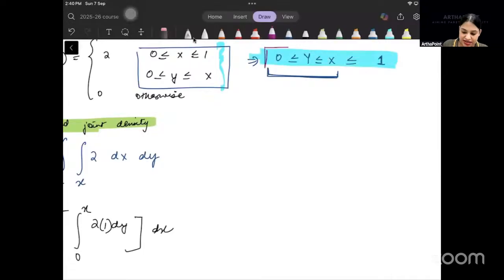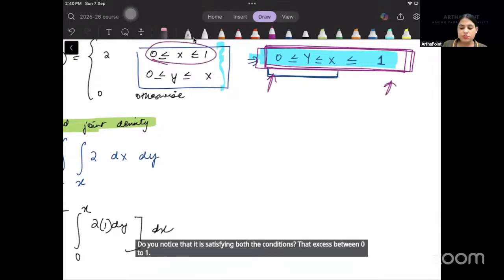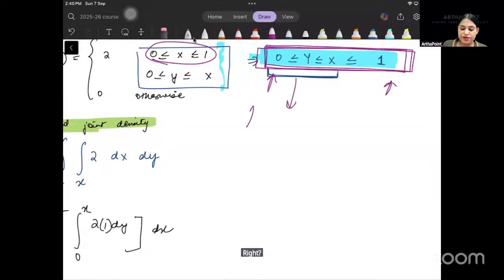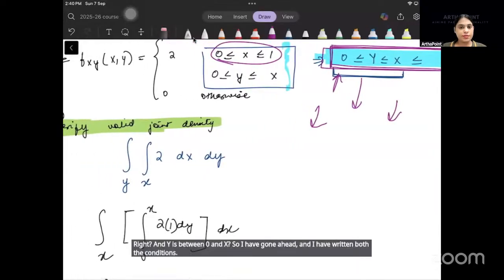If I write it like this, do you notice that it is satisfying both the conditions? That x is between 0 to 1, right? And y is between 0 and x. So I have written both the conditions, isn't it?